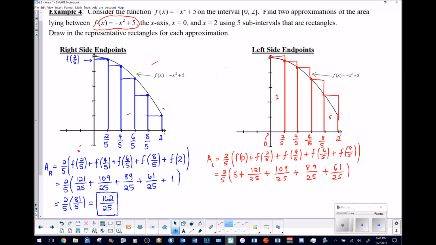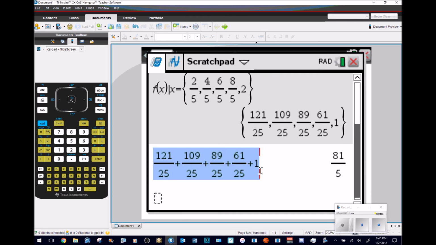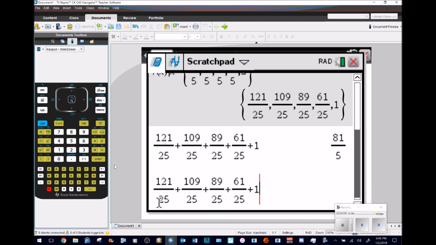Again, I could incorporate a little bit of a trick here and copy the values that I had previously and paste them on a new line, but I'm not going to use that 1 at the end, and I'm going to use a 5 at the beginning. I could put the 5 at the front or the end, but I wanted to retain the order. So if I add all those up, I would have 101/5.